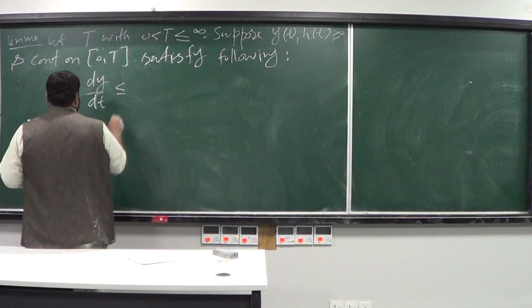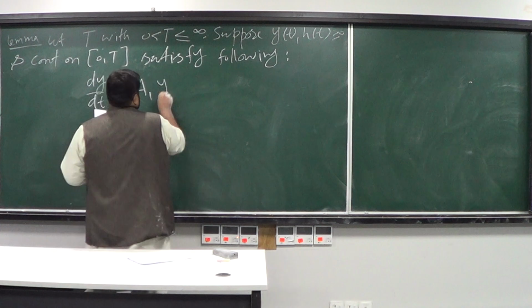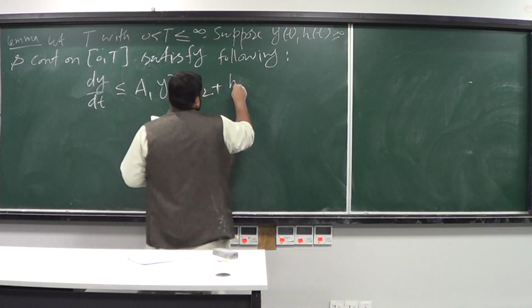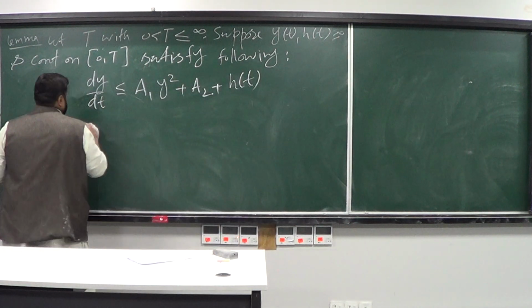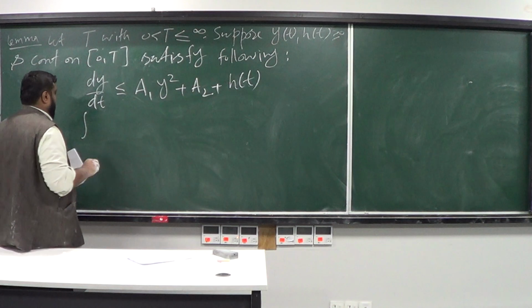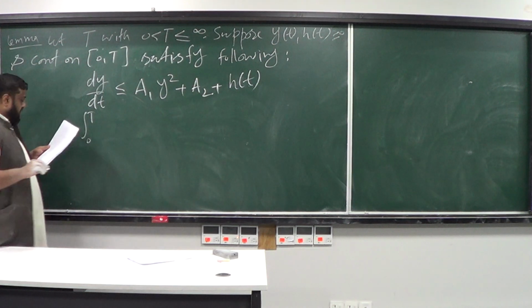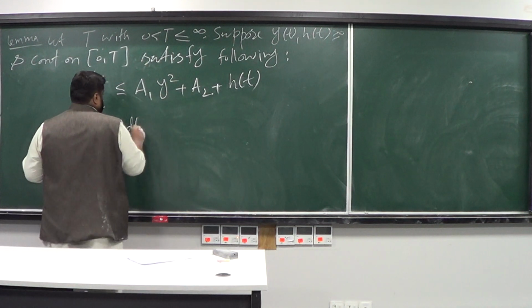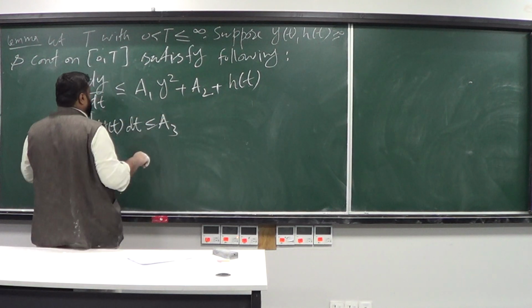like dy/dt ≤ a1 y² + a2 + a function h(t), and the integral from 0 to t of y(t) dt can be estimated by a constant, where a1 and a2 are constants.